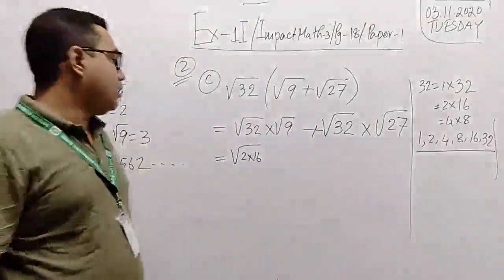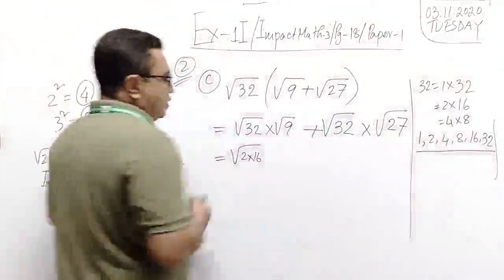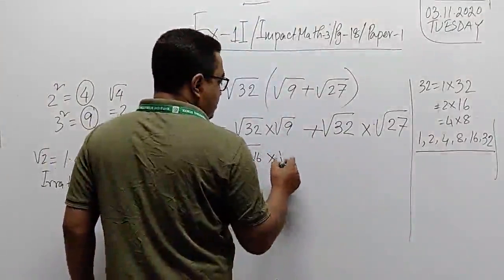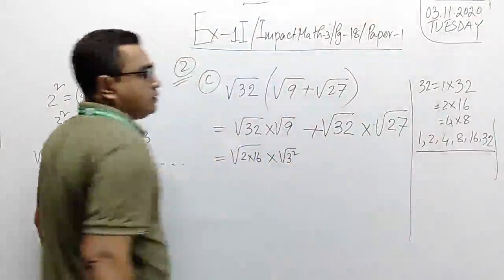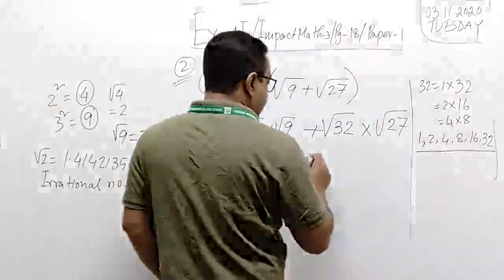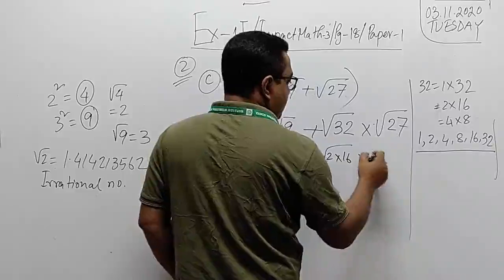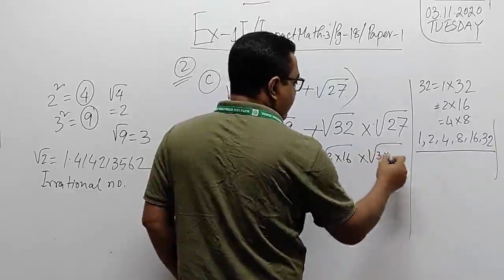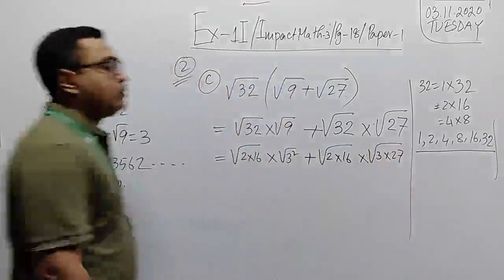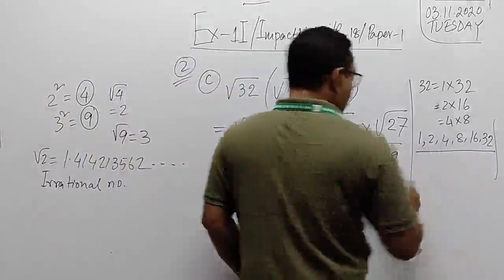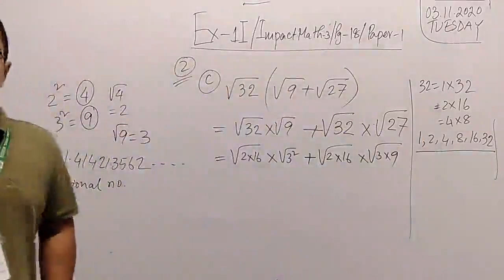Okay. Now, square root of 9. Square root of 9 is 3 squared. Now, same thing, 2 into 16. Here, 3 into 9, sorry, 3 into 27.